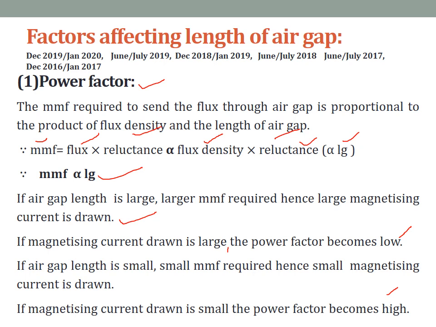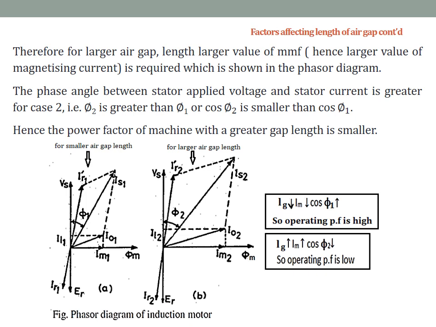What we conclude, we will also see with the vector diagram. This is the vector diagram for smaller air gap length. For smaller air gap length, a small value of magnetizing current is drawn.